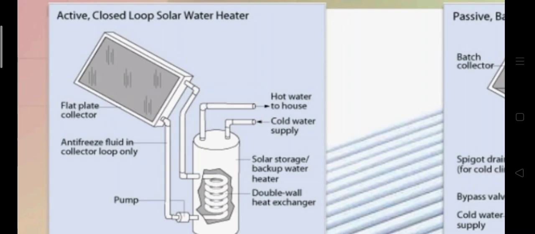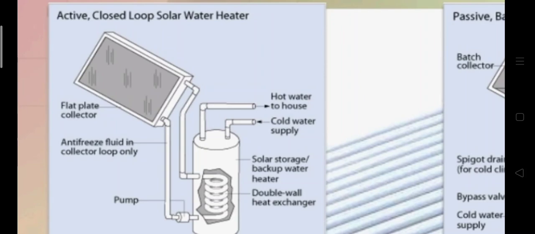Here a spiral shaped pipe is connected, and in this pipe water is running. This water in the pipe is heated by a double wall heat exchanger.